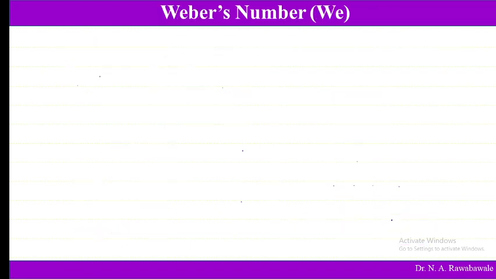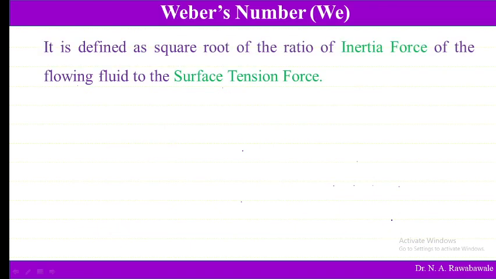Now coming to the next number, that is Weber's number. Again, it is defined as the square root of the ratio of inertia force to the surface tension force. So Weber's number is represented by WE.